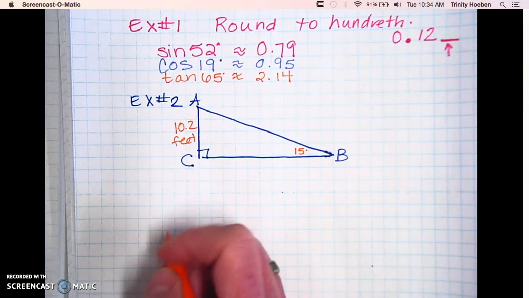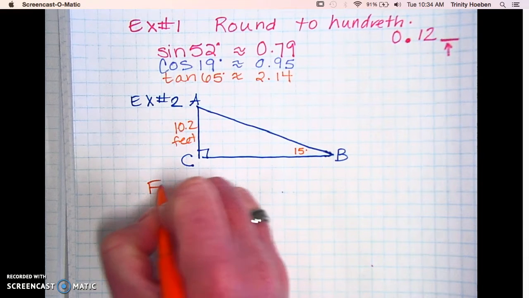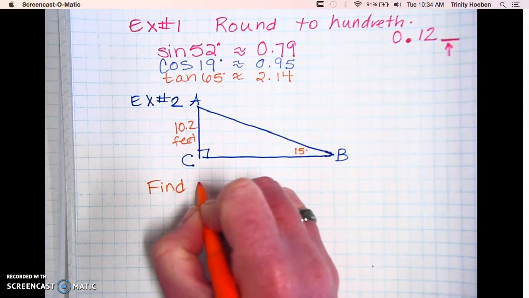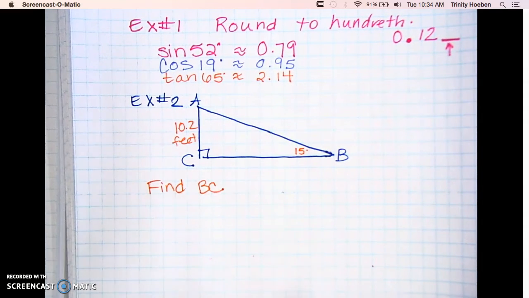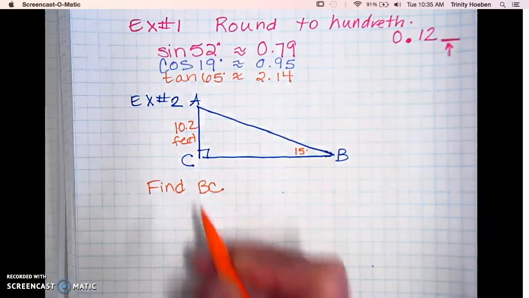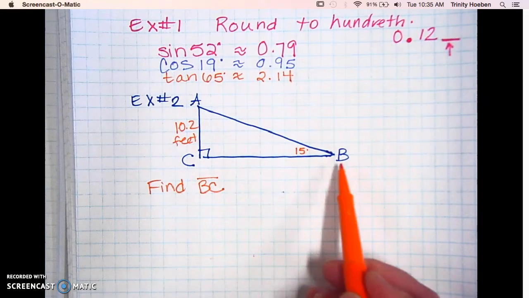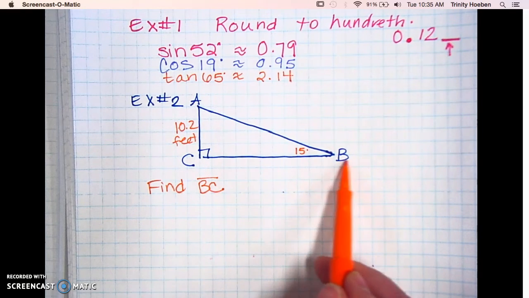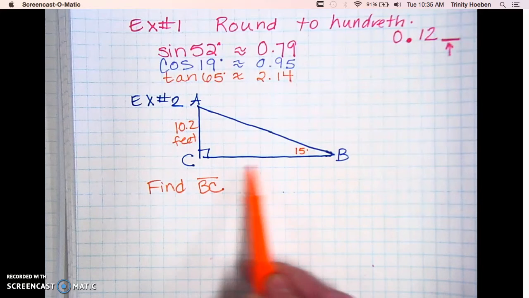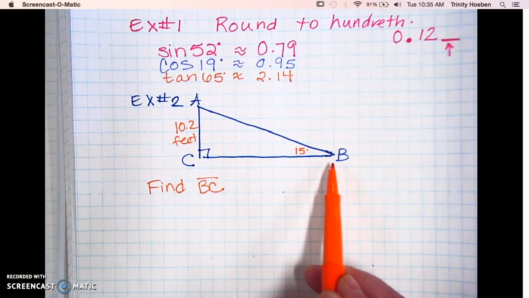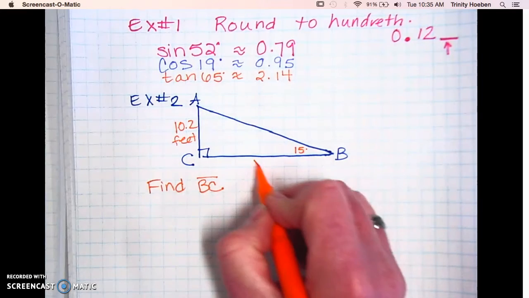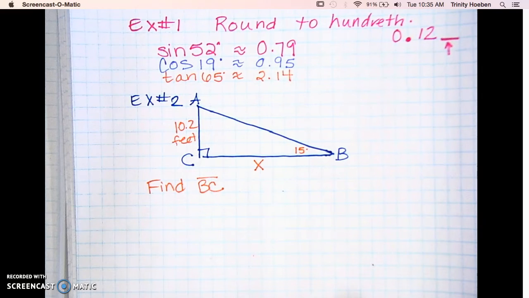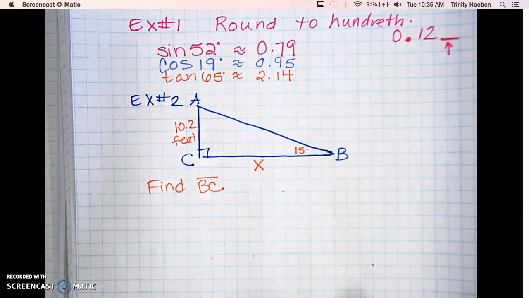And the directions are for us to find BC. Okay? So right now, if you go to the side BC, there's nothing labeled there. So what should we put there? An X. All right? That's where X is going to go.